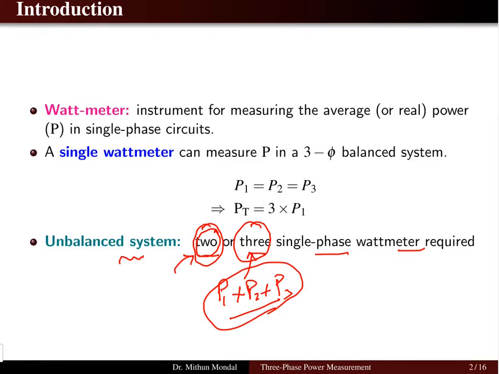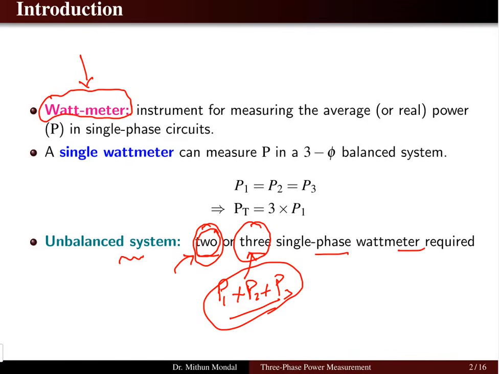Now, the connection or the operation of the wattmeter is discussed in one of the lectures, and that video is already there. You can see how the wattmeter functions, and what the voltage coil and the current coil of the wattmeter are, which are used to measure the voltage and the current.